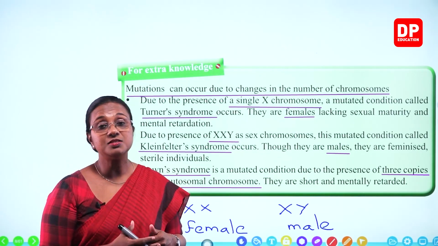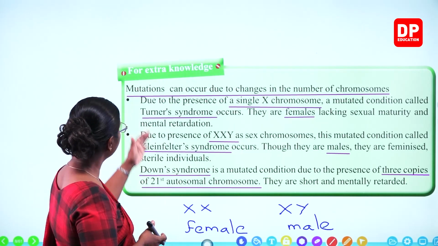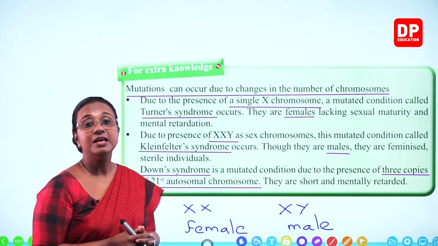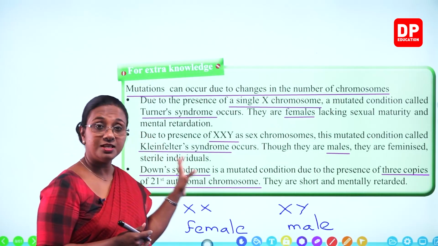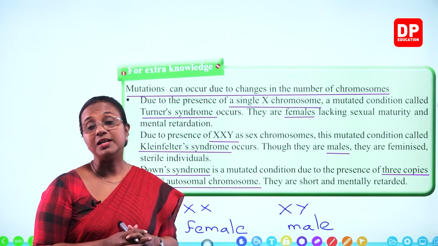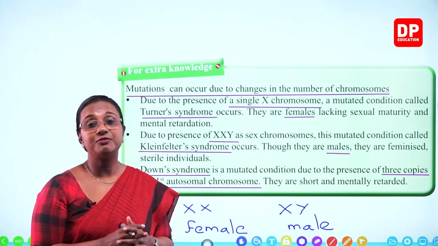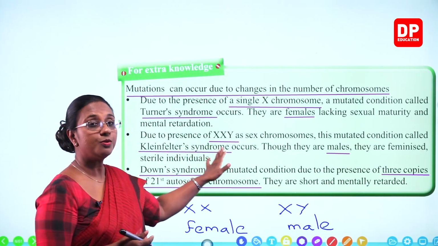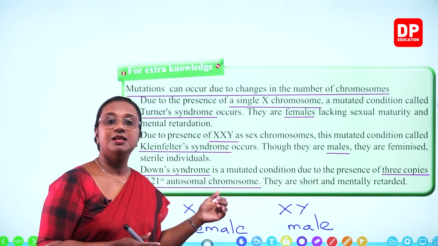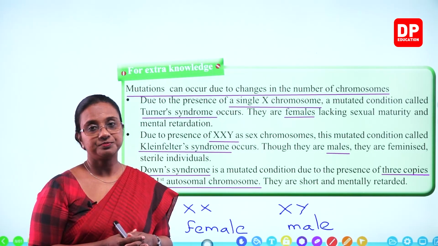And if there is a condition caused by gene mutation, although they have the disorder, the syndrome, they are normal people. So you always have to keep that in mind. They have the syndrome because of this gene mutation.